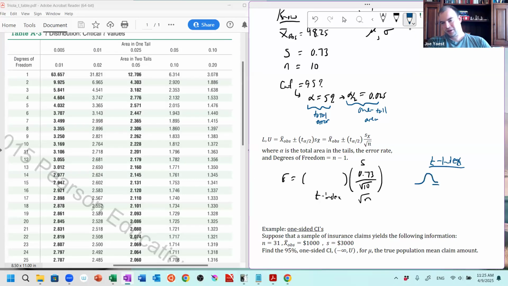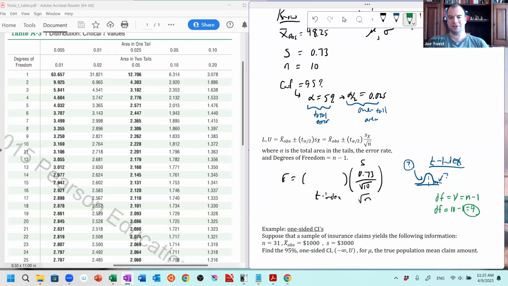Well, on one hand, I need to know what the area is in, say, my right tail. And on the other hand, I need to know what distribution I'm working with, which t I'm working with. So my degrees of freedom, or nu, is n minus 1. My degrees of freedom is 10 minus 1, or 9. 1 less than the sample size.